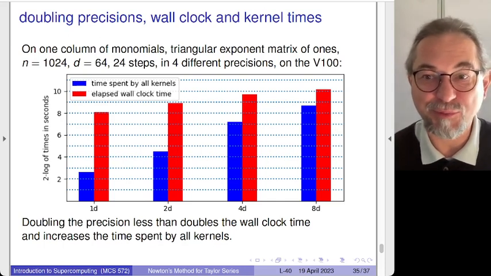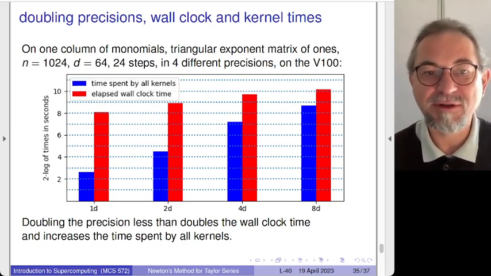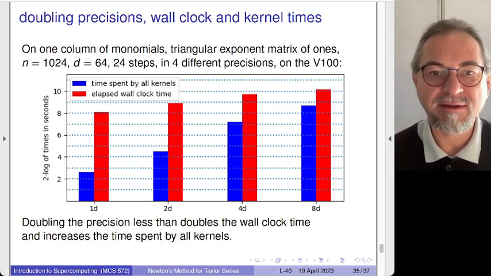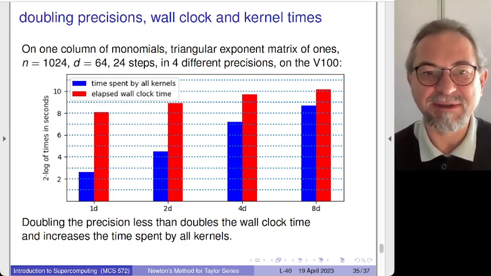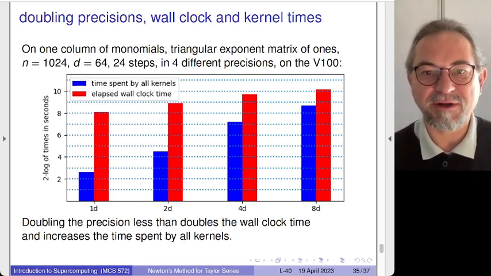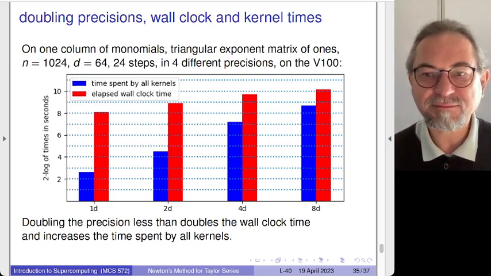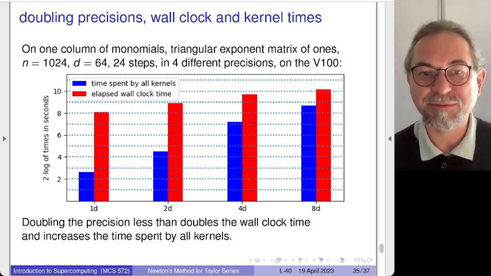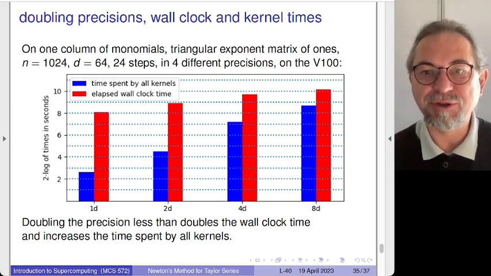And this goes for all precisions. From double to double double, it's a two-log plot again, you only have one increment in the bar. So you go from 8 to 9 from the leftmost bars. And you see that the blue bars are increasing. So that means that the GPU gets more and more busy. And when it gets to octo double, then you see that the problem is fully compute bound, and the GPU is responsible for most of the work.